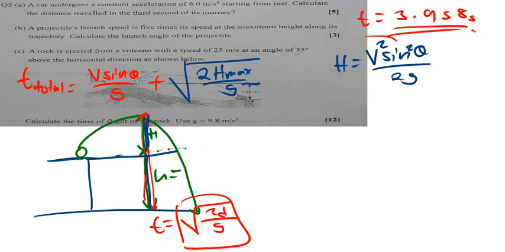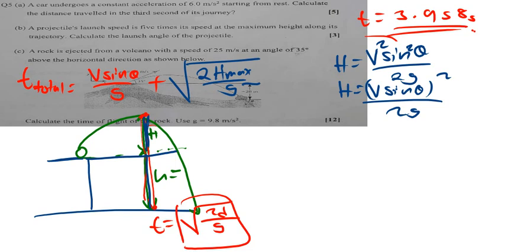But in this case, I'll just make it simple, which is this v sine theta, then I square it direct, then I divide it by 2g.